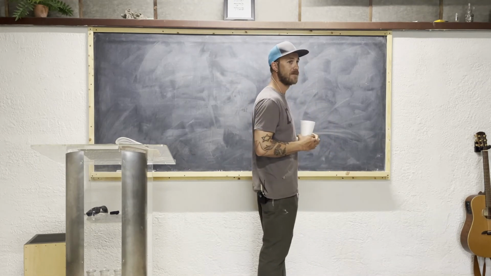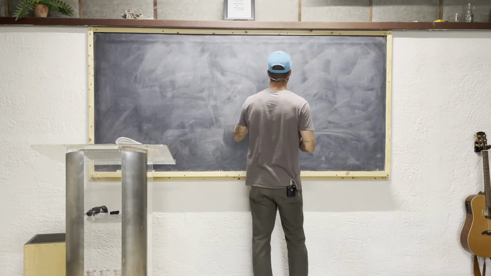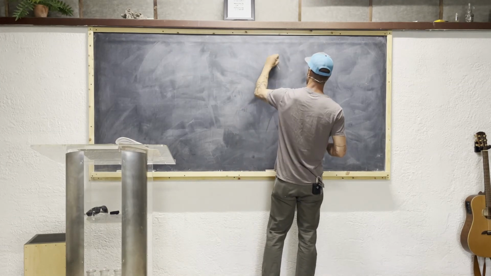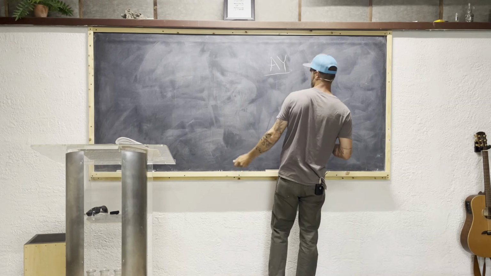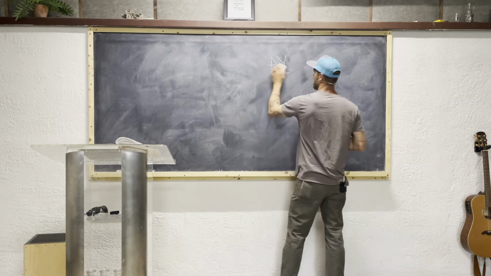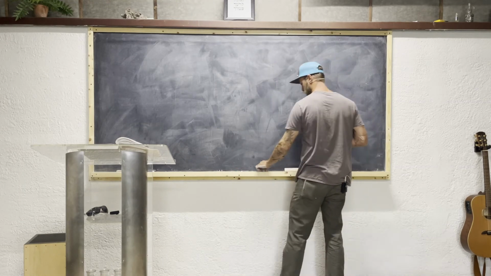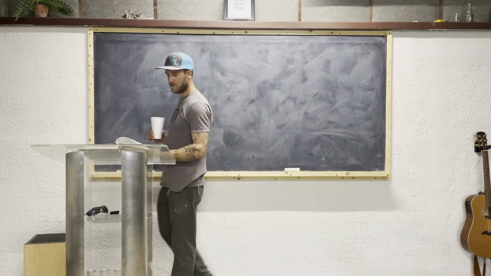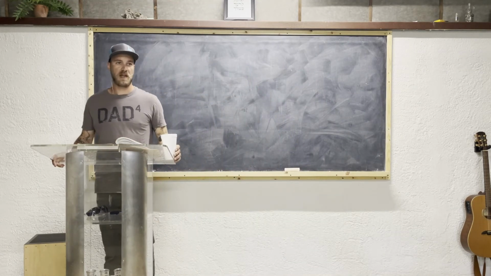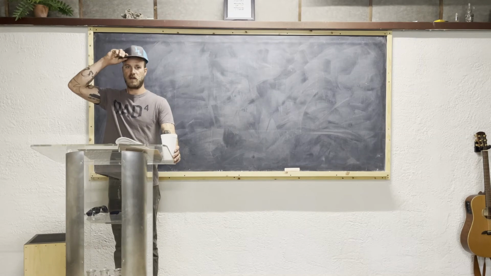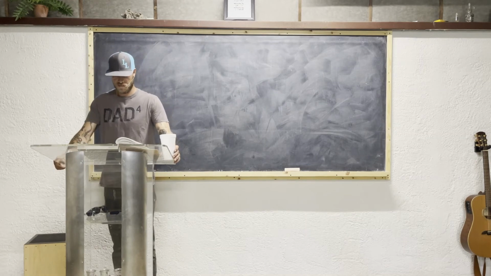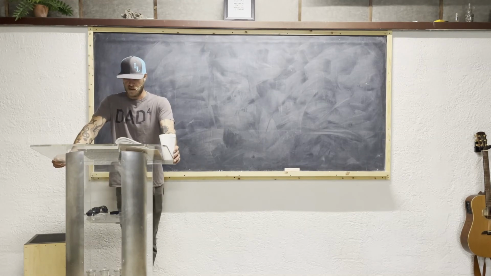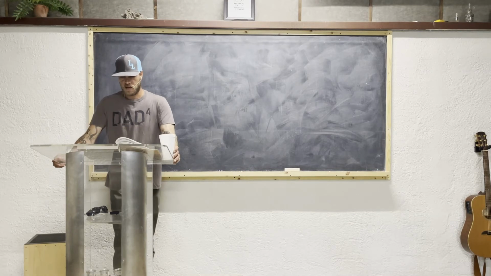Something like A-Y, A-I. Or I-G-H. Well, technically not, because a diphthong is two vowels together. So the third person forms of haya, hayta and hayu may also be translated there was or there were.